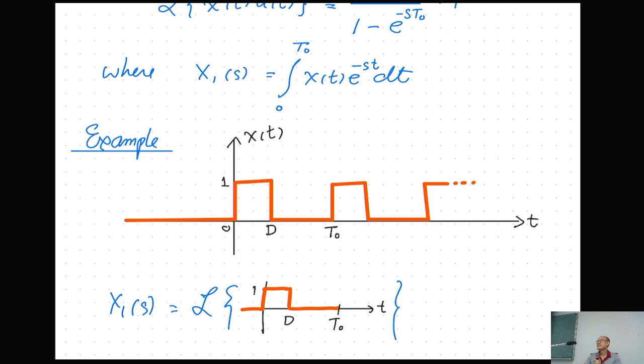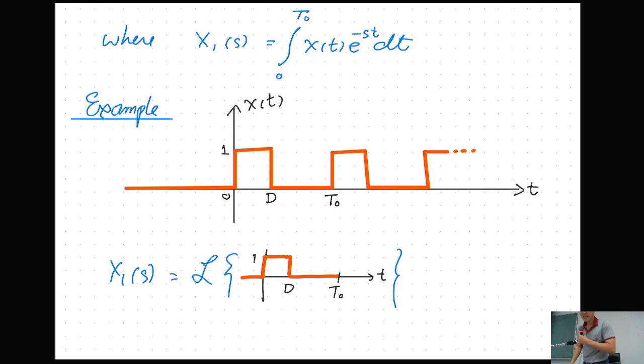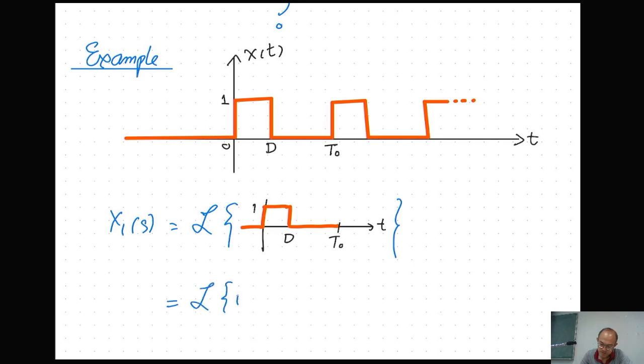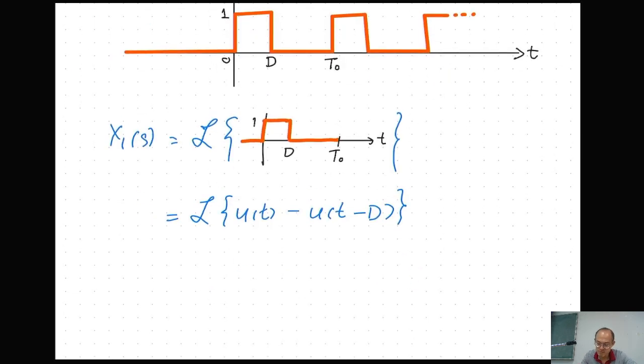This is what x1 means, the Laplace transform of this guy. So what is the Laplace transform of this guy? This is just u(t) minus u(t minus d). We know that the Laplace transform of u(t) is 1 over s. What about the Laplace transform of u(t minus d)?